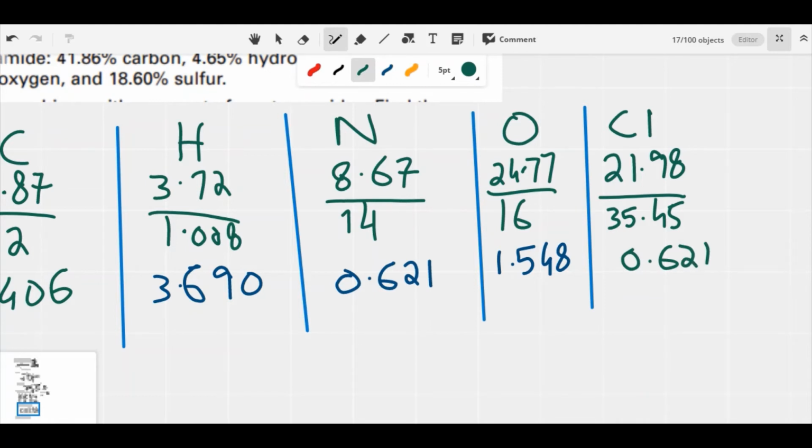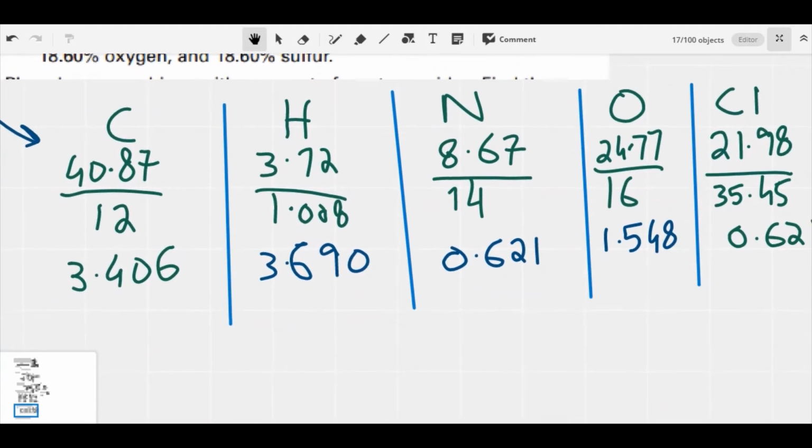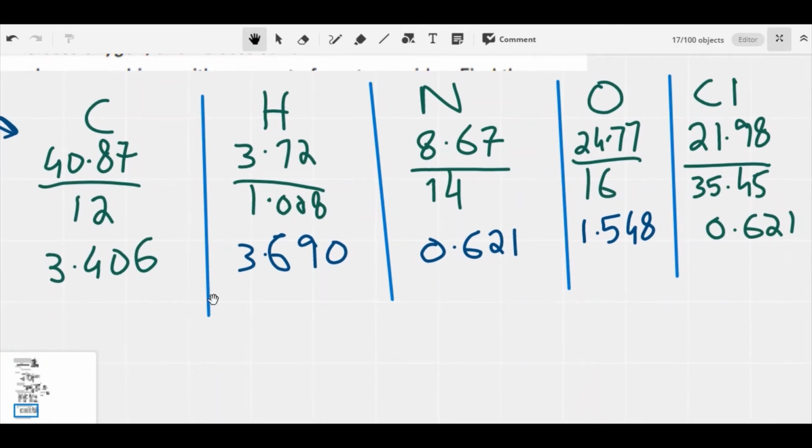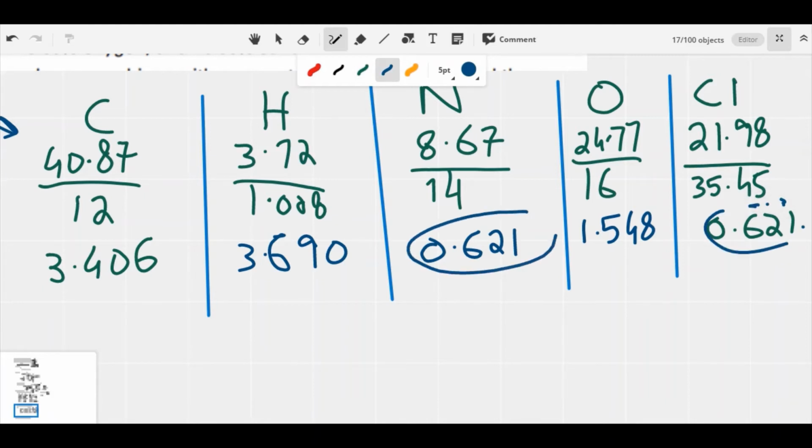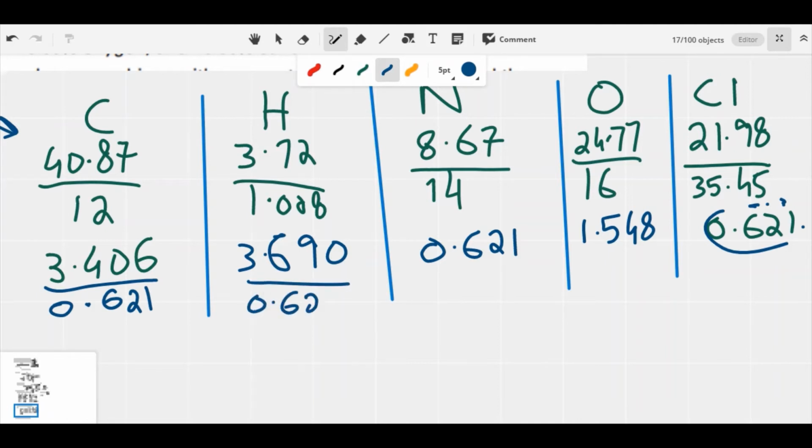Now these are not the simplest whole number ratio, so we have to divide each number by the smallest number, which is 0.621.